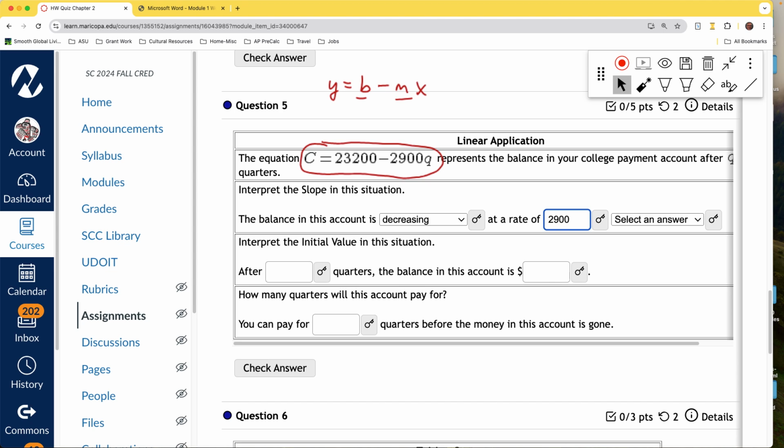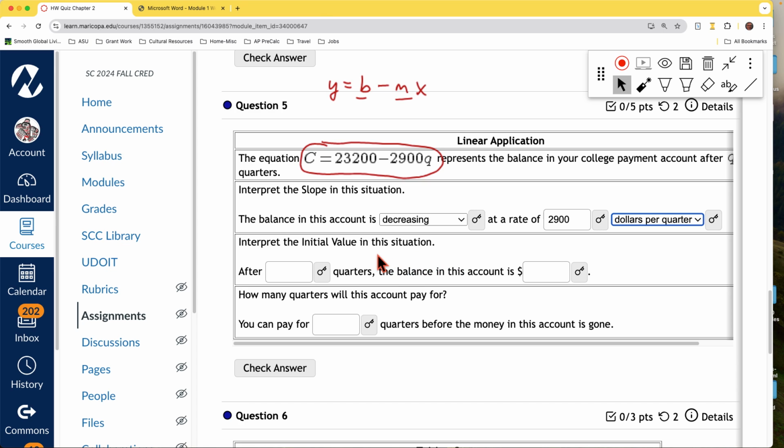When they're asking for the decreasing rate, we call it 2,900. Since we called it decreasing, that takes care of the negative. And then they want units. They don't really tell us, but we'll assume it's dollars per quarter, so the slope is dollars for each quarter.